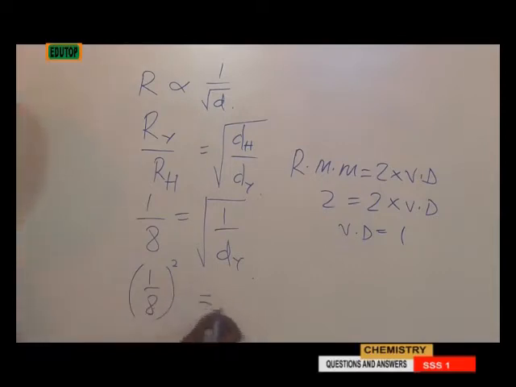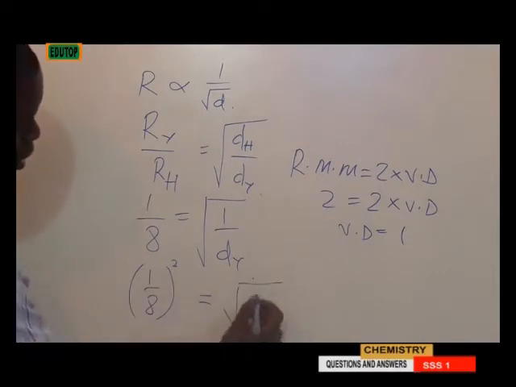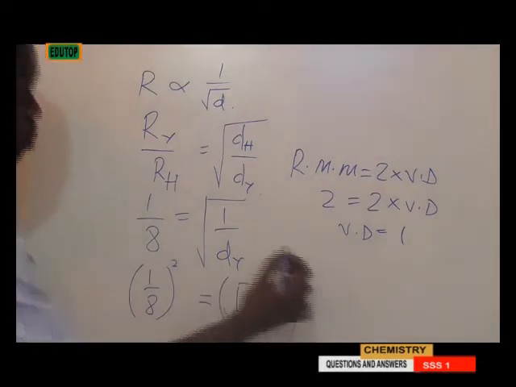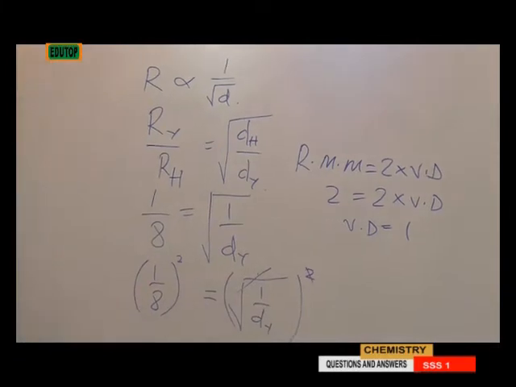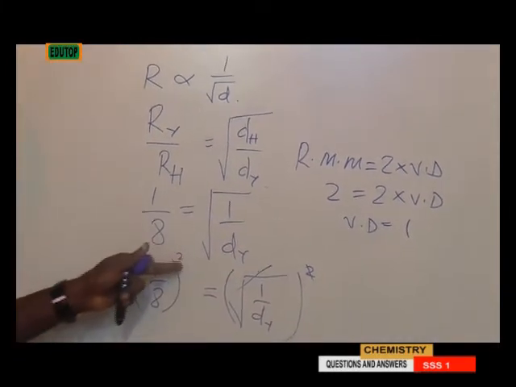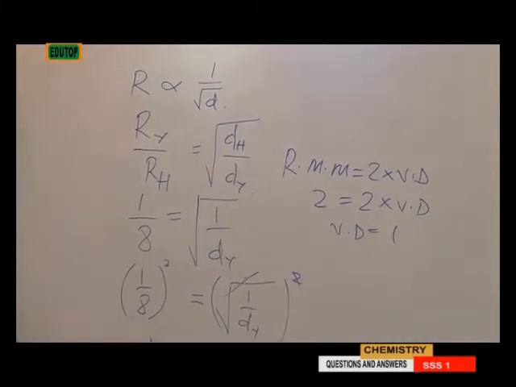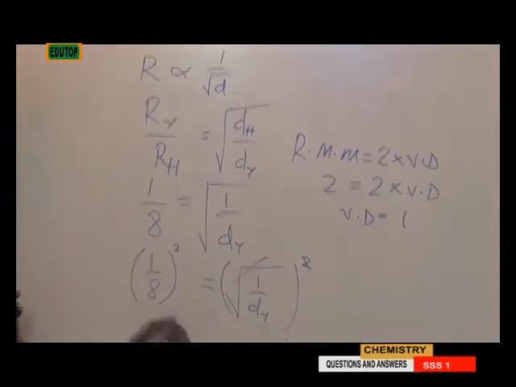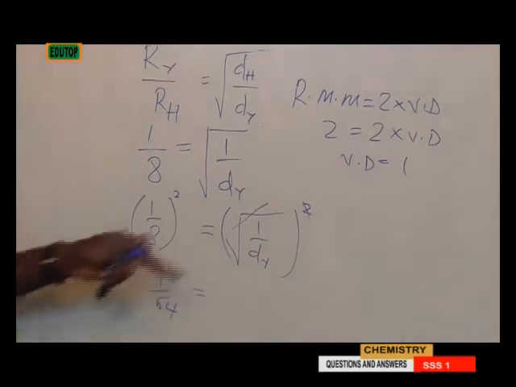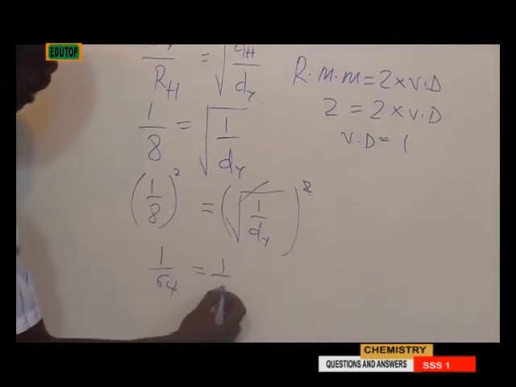You square the right hand side, it becomes this. Mathematically, this square can remove the square root. Then 1 square is 1. 8 square is 64, which is equal to 1 over dy.